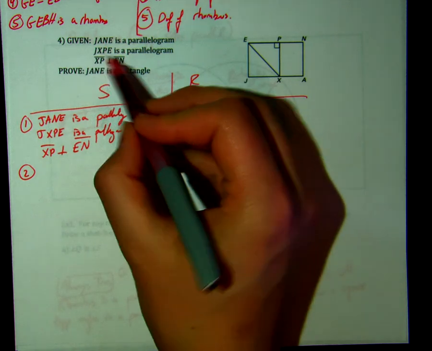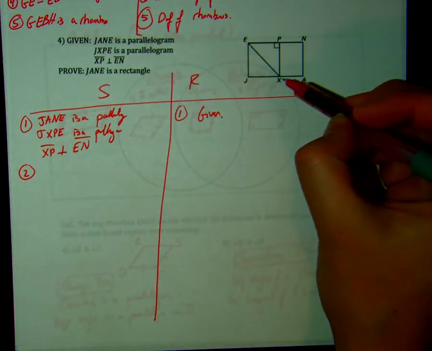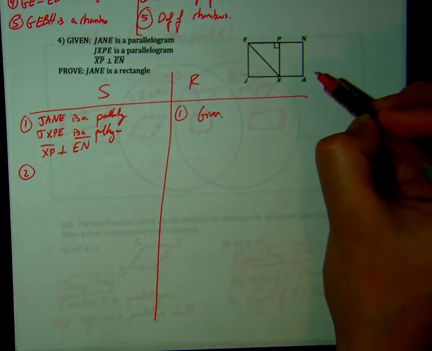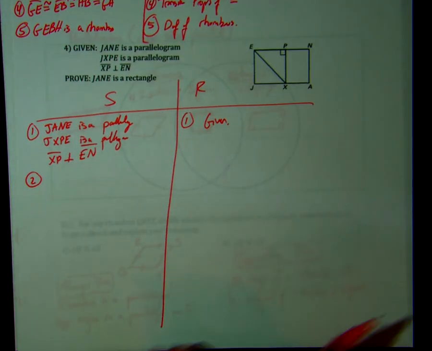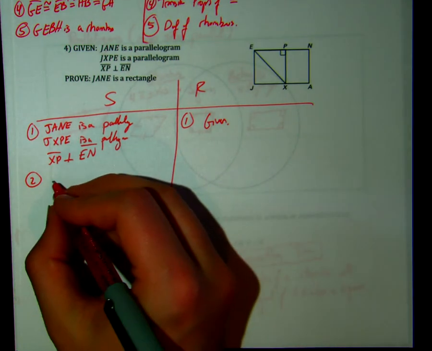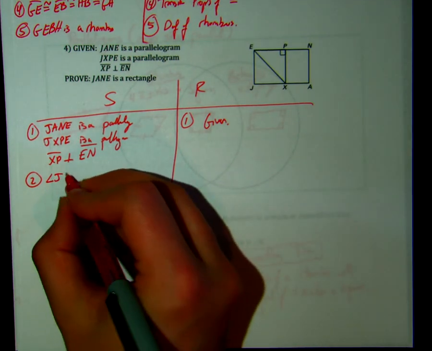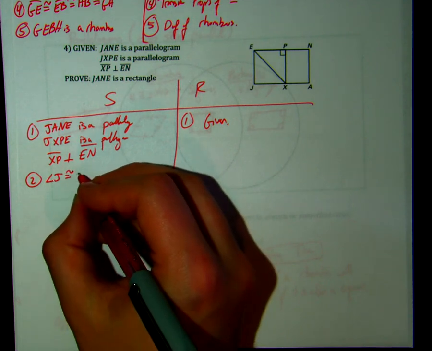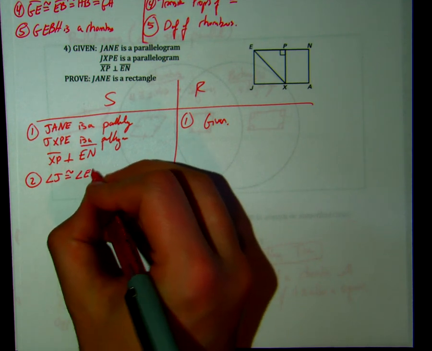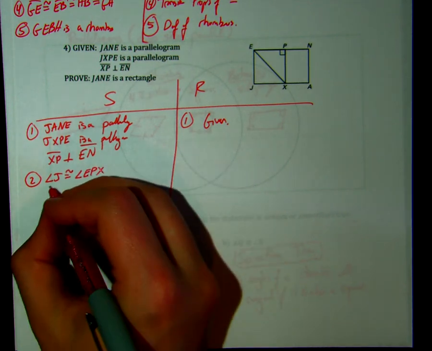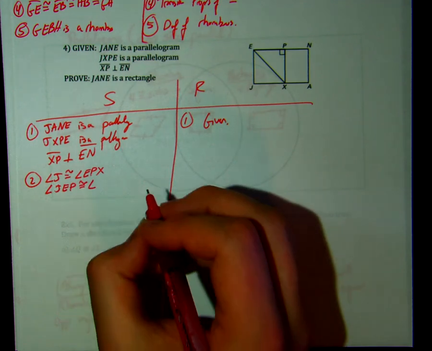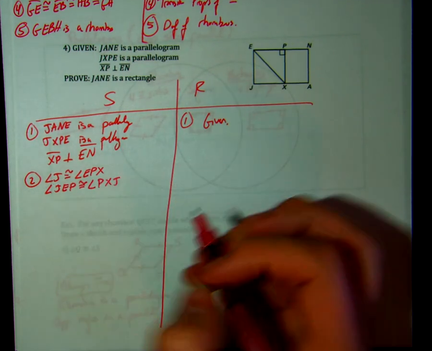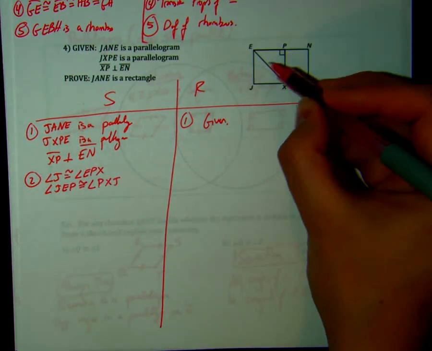So I have two parallelograms here. I have this little one on the left, and I have this big thing. The whole thing is a parallelogram, and it is that whole thing that I'm trying to prove is a rectangle. But knowing already that it's a parallelogram, we know that angle J is congruent to angle EPX. We know that JEP is congruent to PXJ. So these are just the opposite angles in that parallelogram.